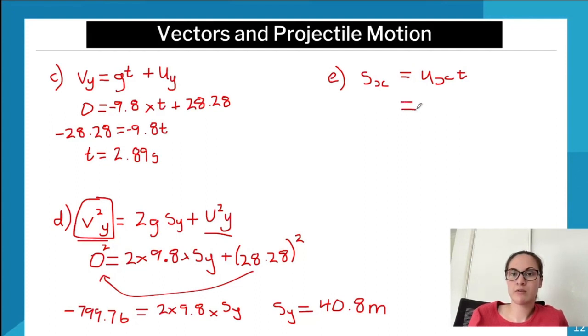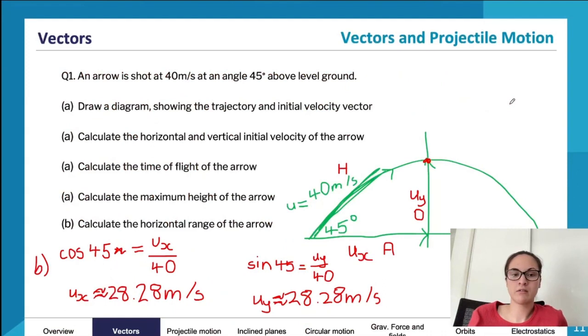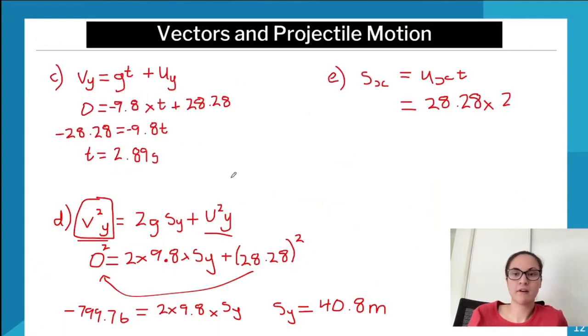So that's just going to be equal to 28.28 multiplied by 2.89. Oh, it's literally right there. Yep, 28.28 times 2.89. And this will give us our horizontal displacement.